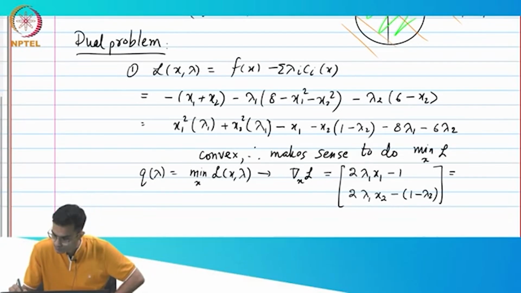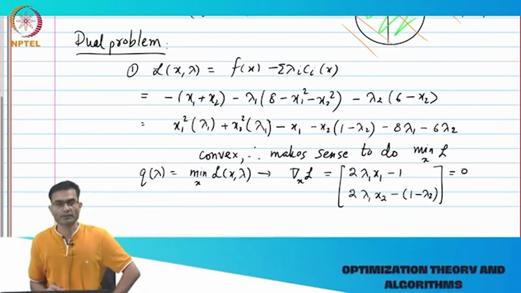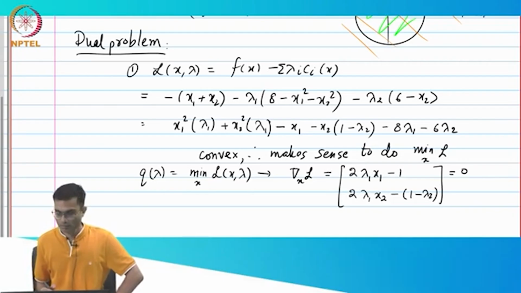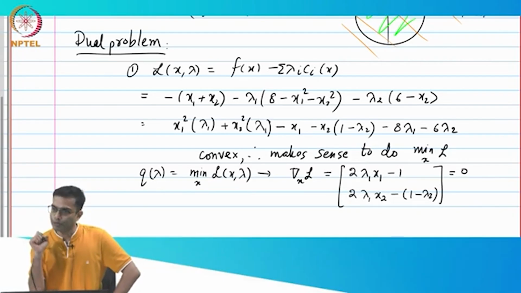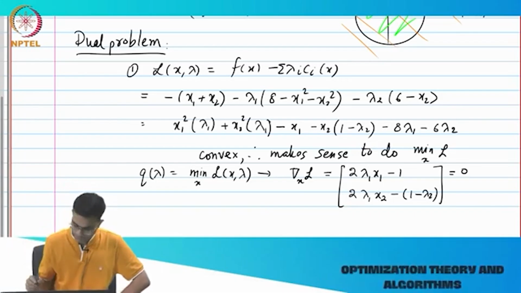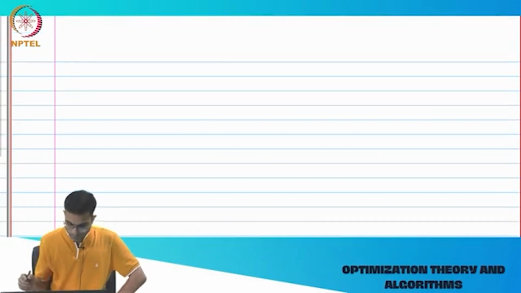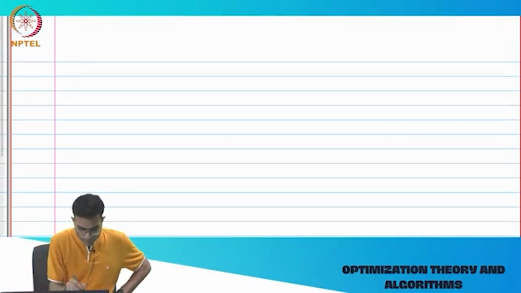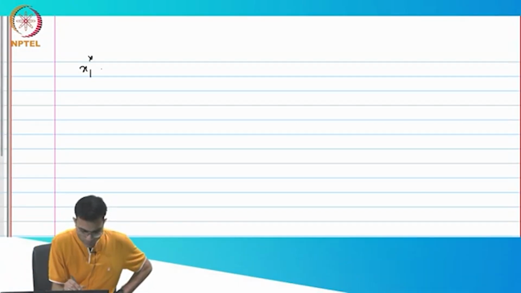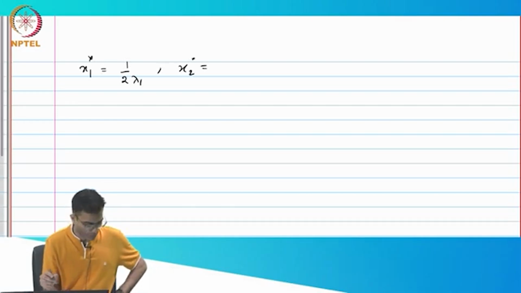Set it equal to 0, right? So when I set it equal to 0, what am I looking for? I want to find the values of x. I want to eliminate x from this, so I will find x from here. Alright, so x1 star is going to be equal to 1 by 2 lambda 1. x2 star is going to be, can you tell me what is x2 star?